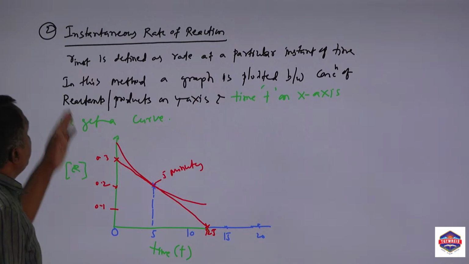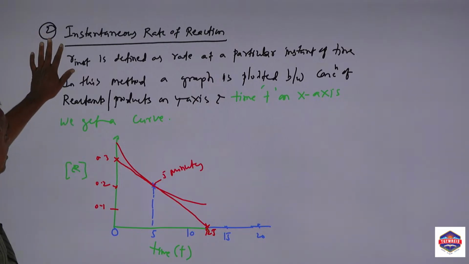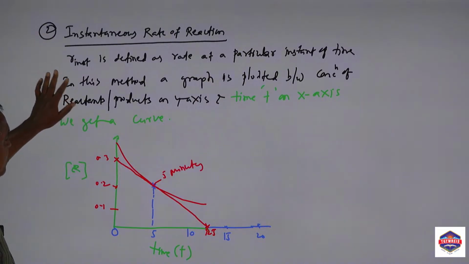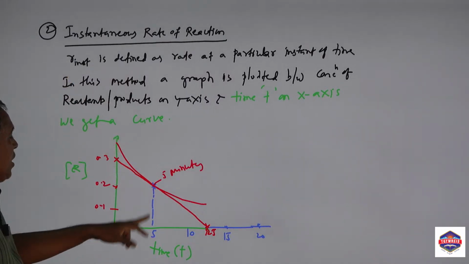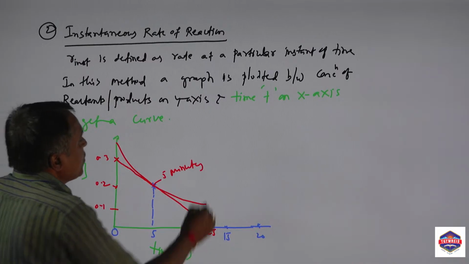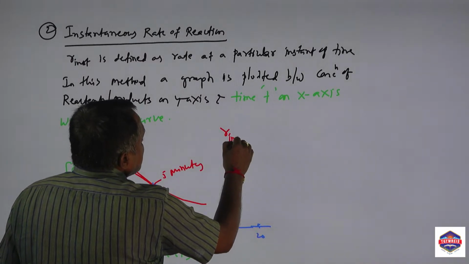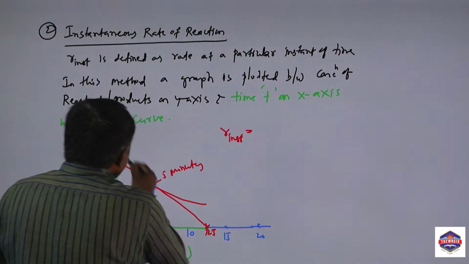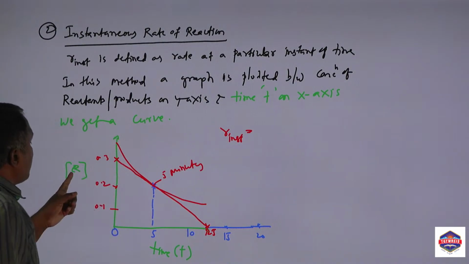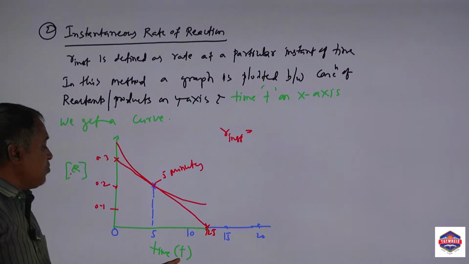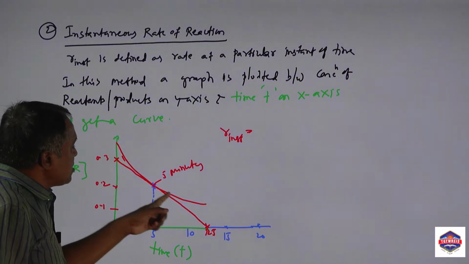Now how can we calculate the instantaneous rate of this reaction, R gives P product, at 5 minutes? This is the curve we obtained when a graph is plotted between the concentration of reactants on the y-axis and time t on the x-axis.